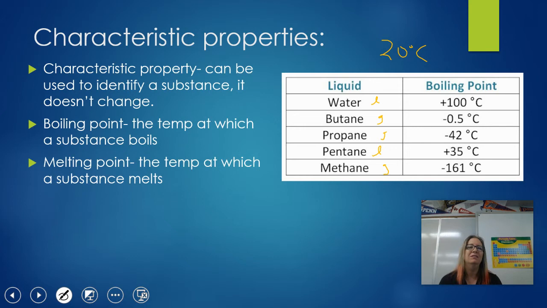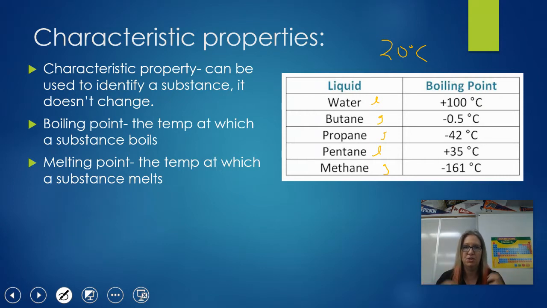Well, we also have the melting point. That's the temperature at which a substance melts. Now you can use the melting point and the boiling point as kind of bookends. If you get your room temperature as your base point, you can determine what state of matter a sample is going to be in.